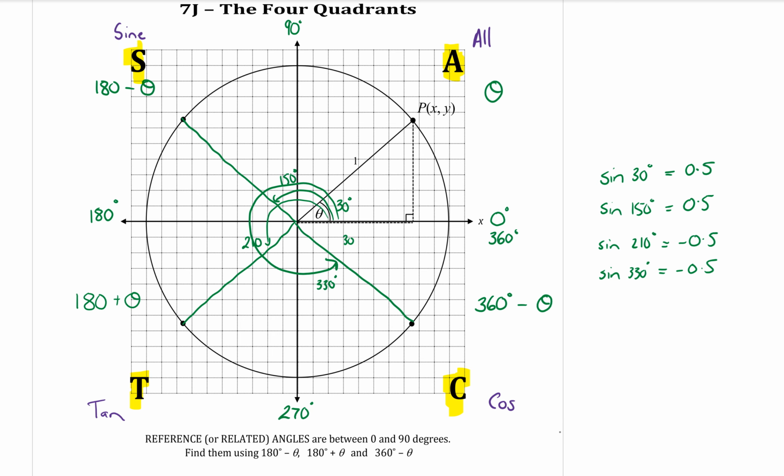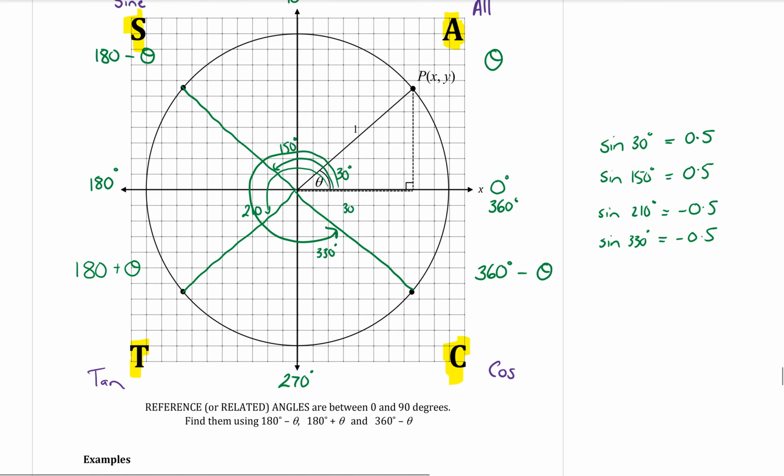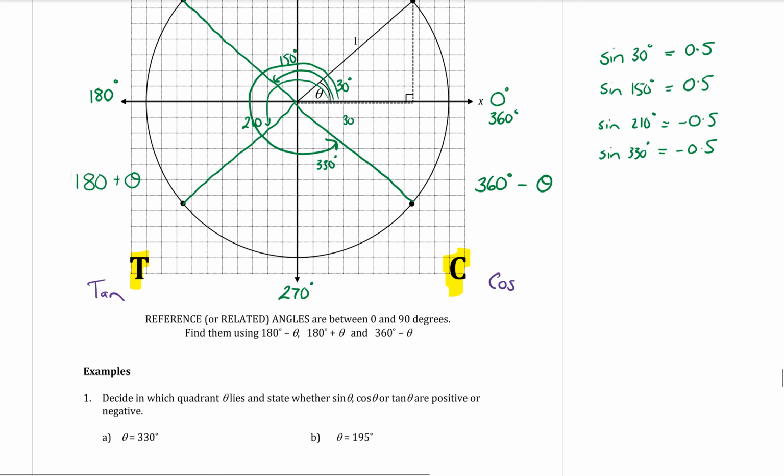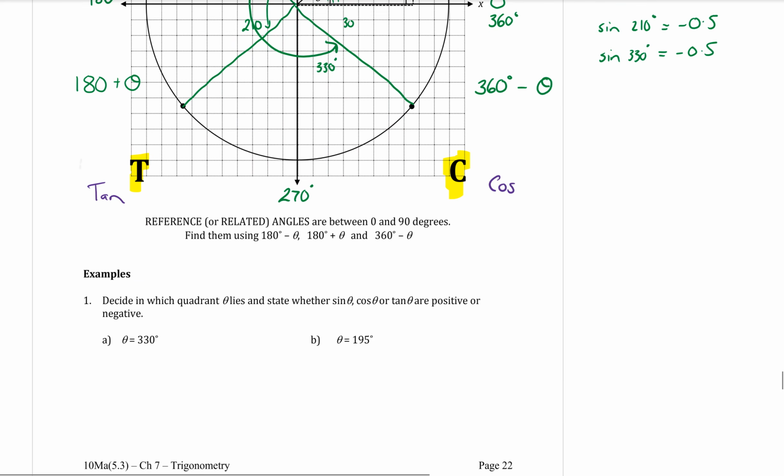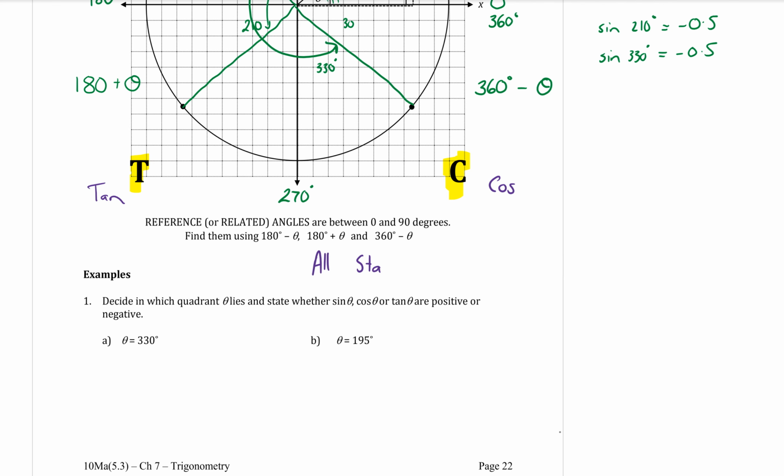In the third quadrant, only tan is positive, sine and cos would be negative. And in the fourth quadrant, the cos is positive, but the sine and tan would be negative. So to remember the A, S, T, and C, we have a little saying that is: all stations to central.